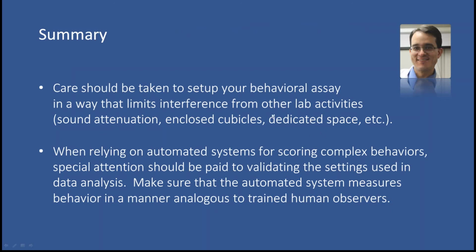All of those are really important considerations for any behavioral study, not only for conditioning. And importantly, when you're using an automated system for scoring complex behaviors such as freezing, special attention should be paid to validating the settings that you're using. Make sure that the automated system measures behavior in a manner analogous to the way trained human observers would be scoring the data. Those are some of the best practices involved.